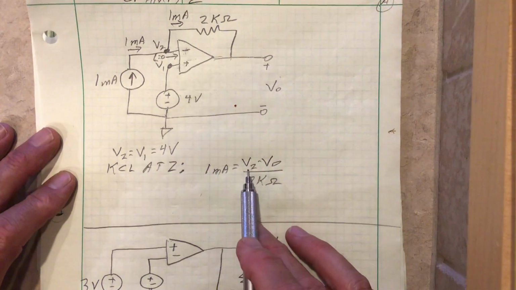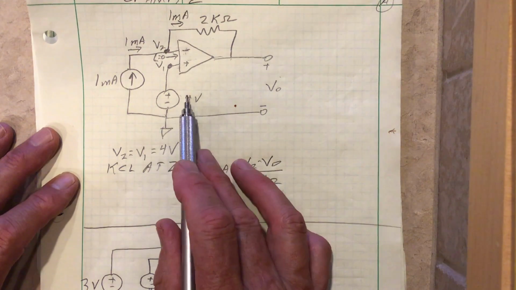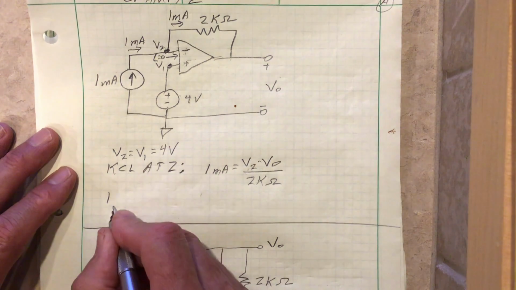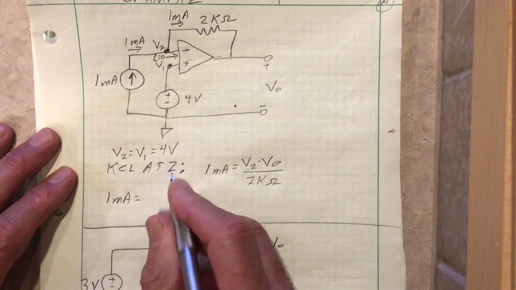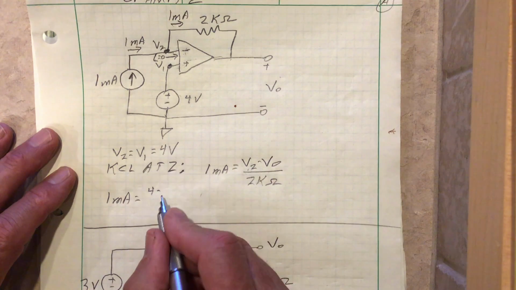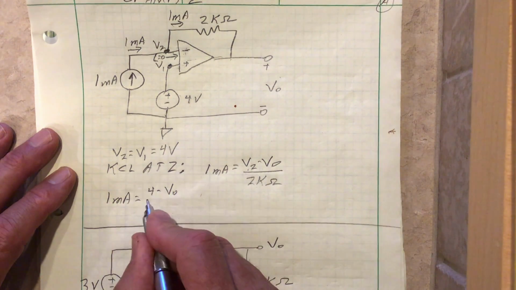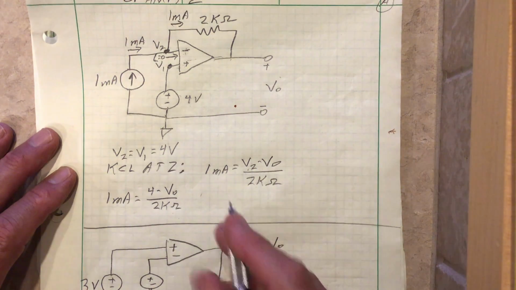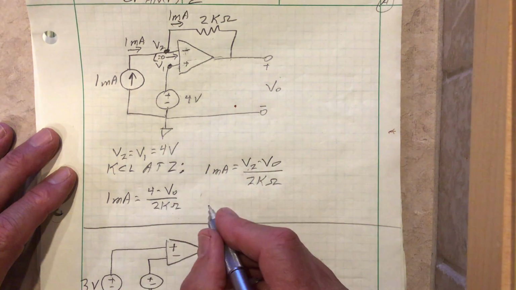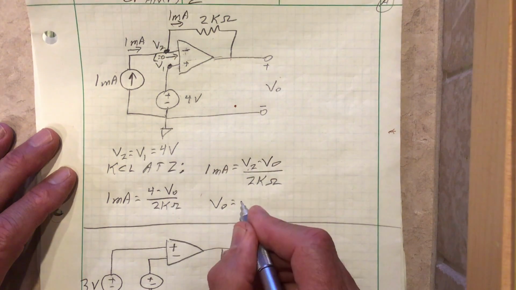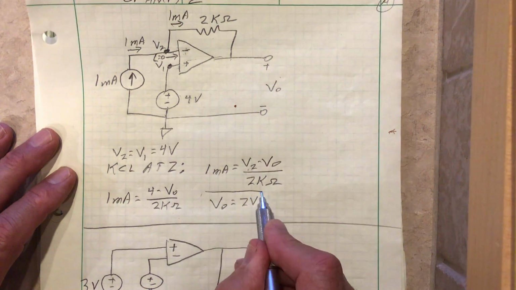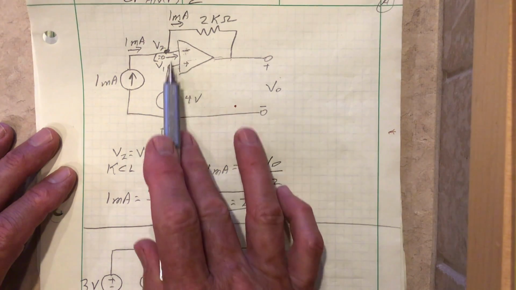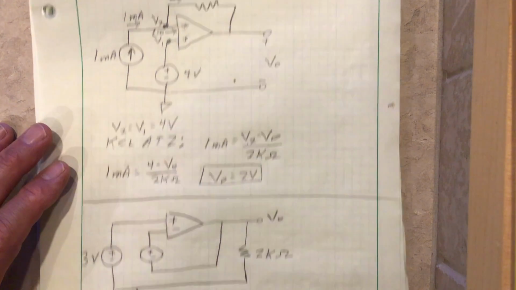Well, now wait a minute, we know V2 is 4 volts. So we now have that 1 milliamp is 4 minus V0 over 2K ohms. If we solve that for VO, we get that VO is equal to 2 volts. Just doing a little algebra on that guy. So there's our approach. You can see how the assumptions worked for us in this case.